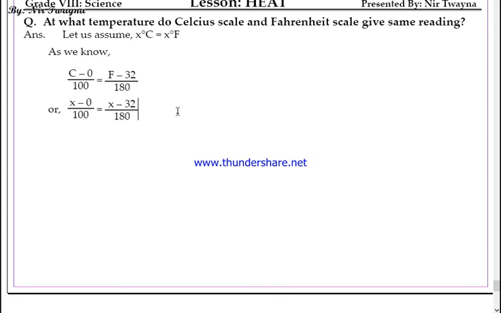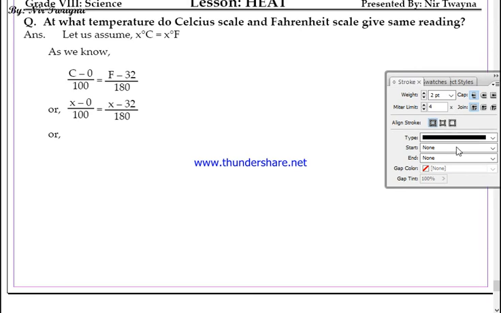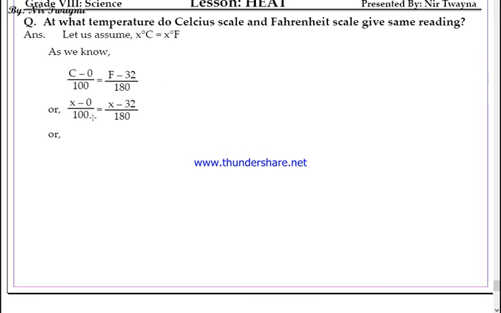Okay, so after this what we can do is simply cross multiply. By cross multiplication, what we get: the denominator from the left side is multiplied to the numerator on the right side, and the numerator from the left side is multiplied to the denominator on the right side.